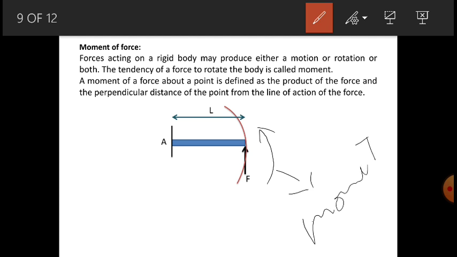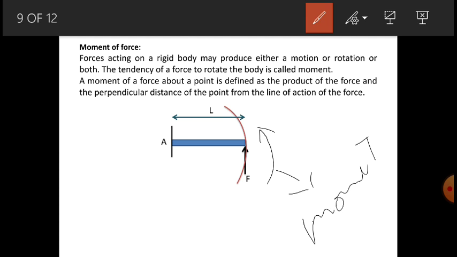This is the moment produced by the force. So this is an example of what a moment is. When the force is applied on the door at the free end, the door swings. So this swinging of the door is a moment because we are applying the force.